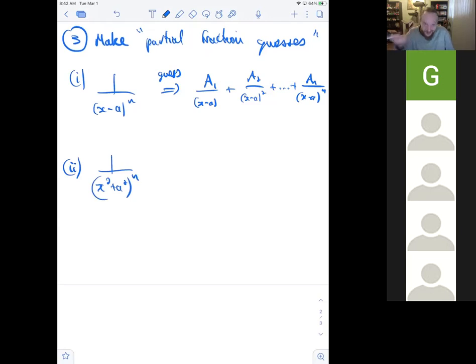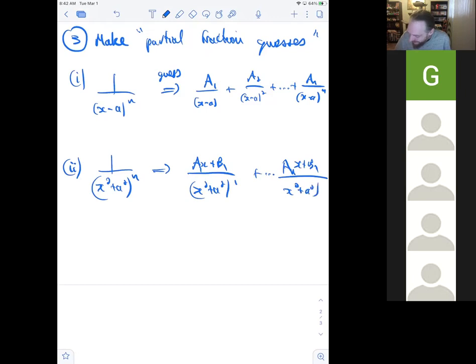But if we have already completed the square, then we're going to guess a1x plus b1 over x squared plus a squared, plus all the way up to anx plus bn over x squared plus a squared to the n. That's linear over quadratic. And assuming they've already assumed that you've completed the square on this quadratic as well, which I'll get into in a couple of examples.